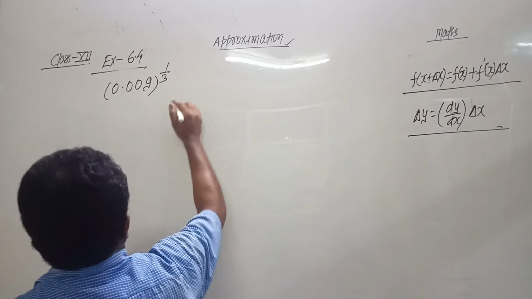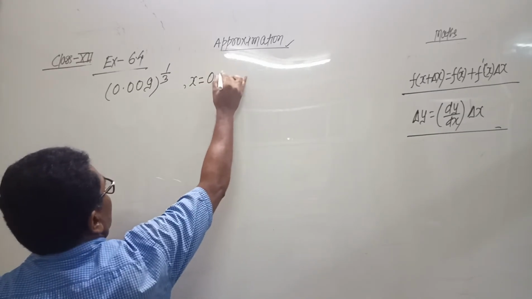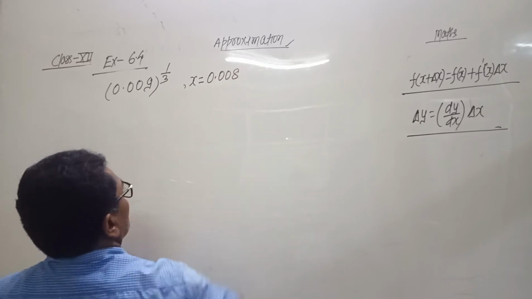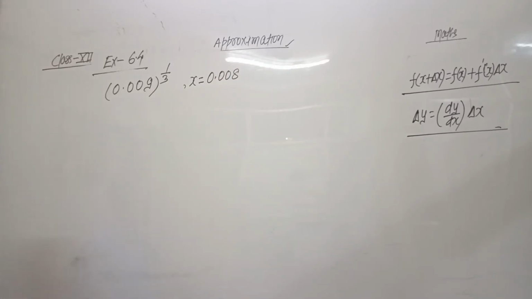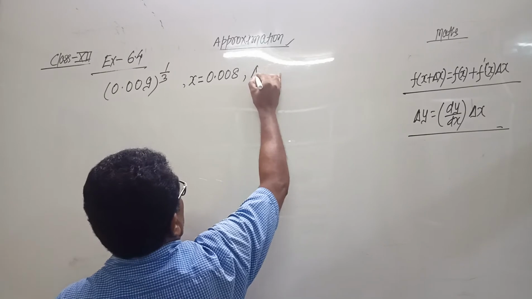So there is a value of x, 0.008, whose cube root is possible, which cube root is 0.2. Then the value of delta x.